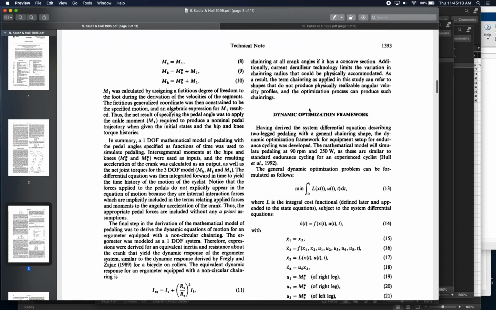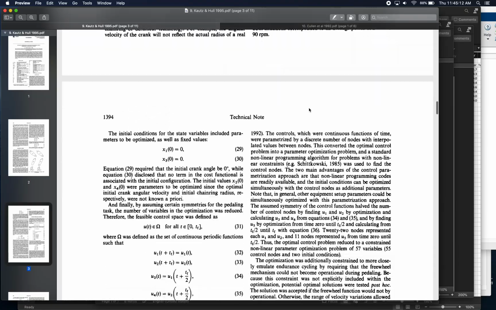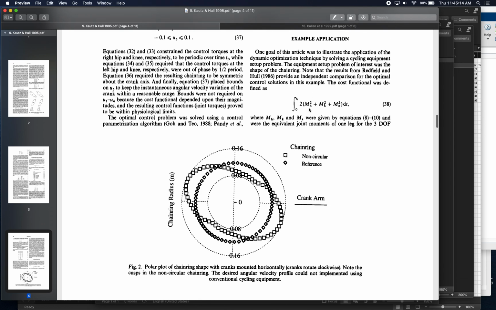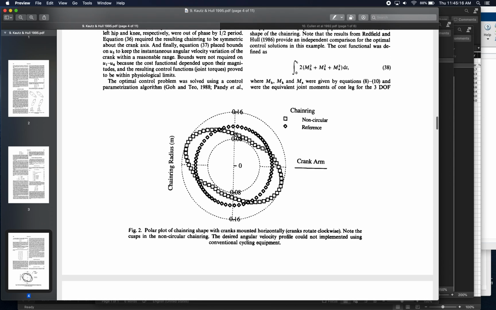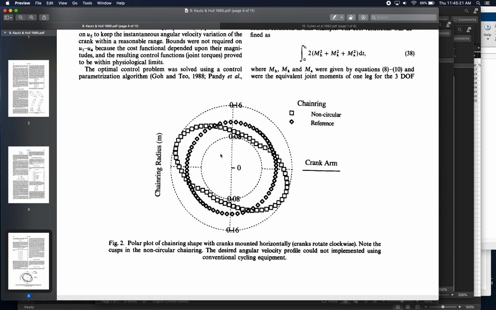They also optimized the shape of the chain ring. Okay. This is a picture of the chain ring on their bicycle model here. The chain ring first was simulated as just being forced to be circular in shape, just like a standard chainring on a standard bike. Okay?